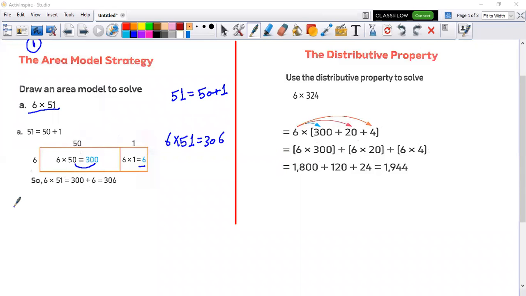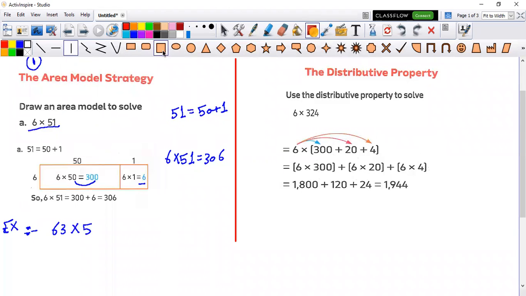If we take another, now we want to find the product of 63 times 5. Okay. Draw a rectangle.